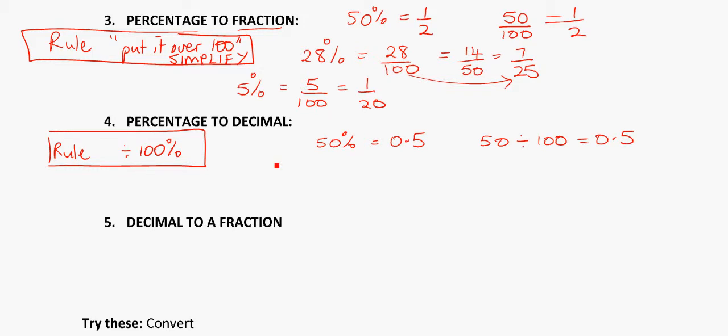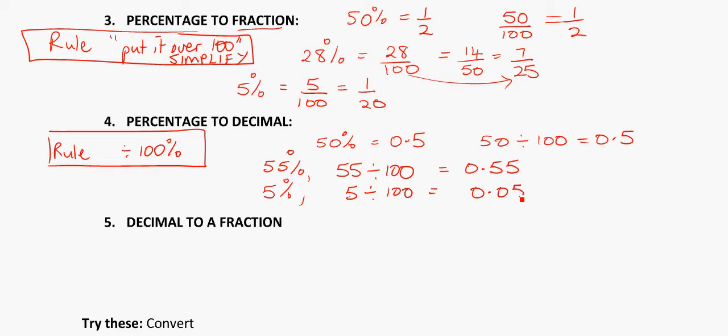Let's do one. What's 55% as a decimal? It's 55 divided by 100, which is 0.55. And what's 5% as a decimal? 5 divided by 100, which is 0.05. So the rule is divide by 100%.